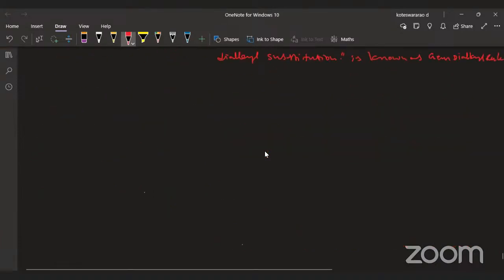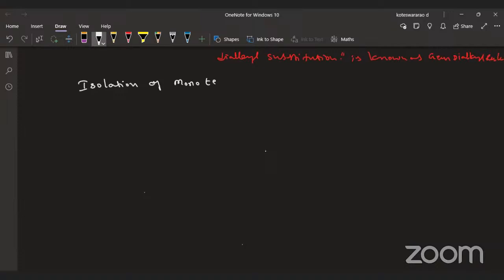Next, isolation of monoterpenoids. How are these terpenoids, natural products, isolated?